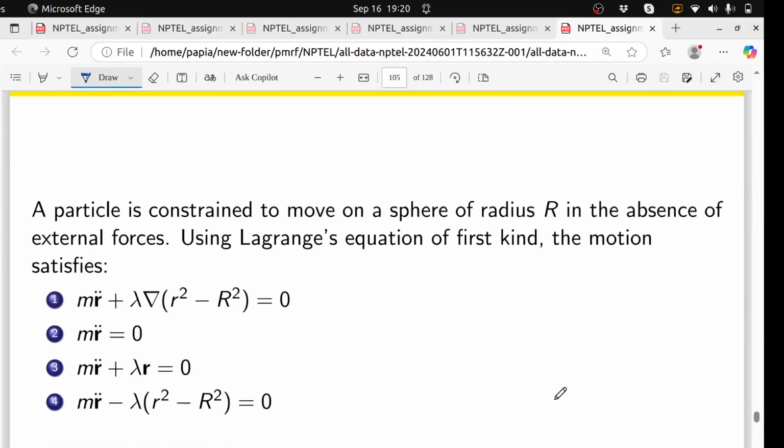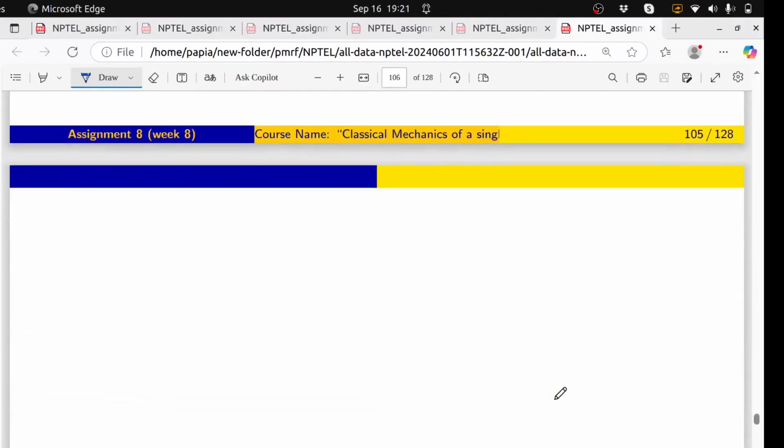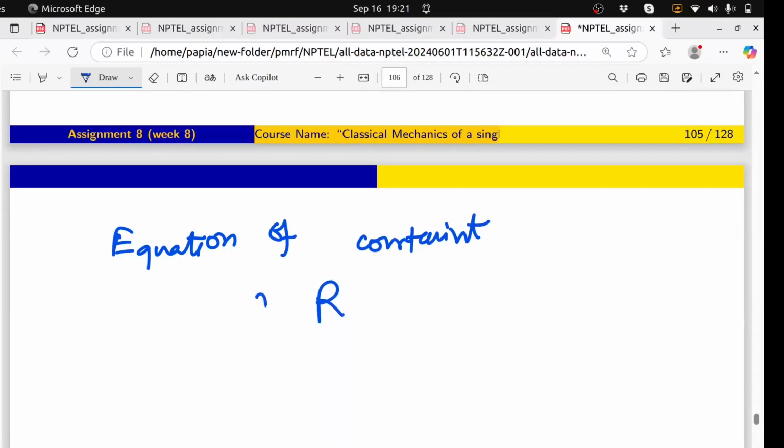Question number 21. A particle is constrained to move on a sphere of radius R in the absence of external forces. Using Lagrange's equation of first kind, the motion satisfies which expression? Okay. So for this case also, the equation of constraint is r equals to R, right?